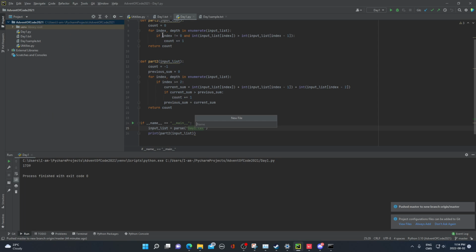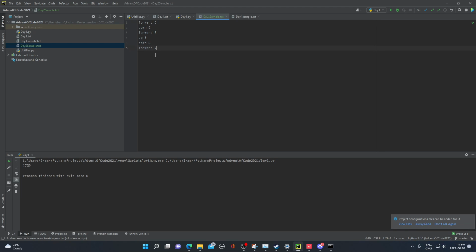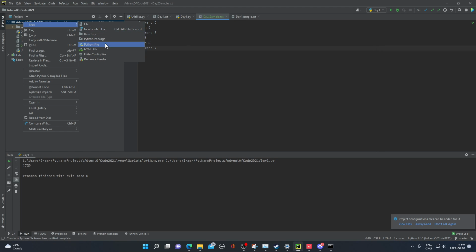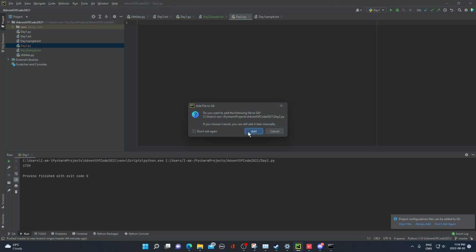And we're going to need a new text file. Day 2 sample. Should I capitalize this? Sure do. Okay, we got that. Now let's make a new Python file, and we will name it day 2.